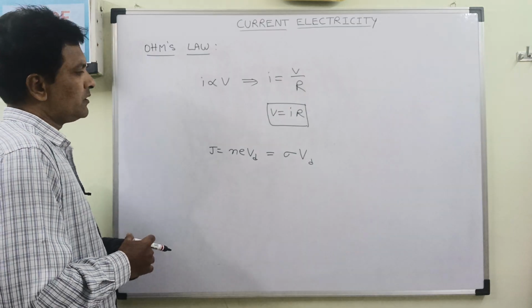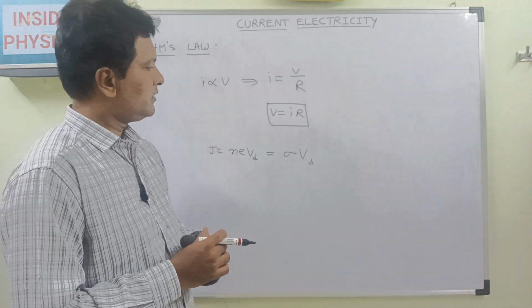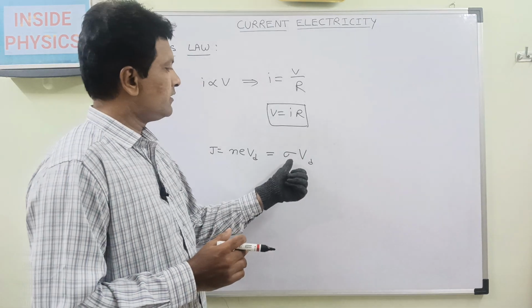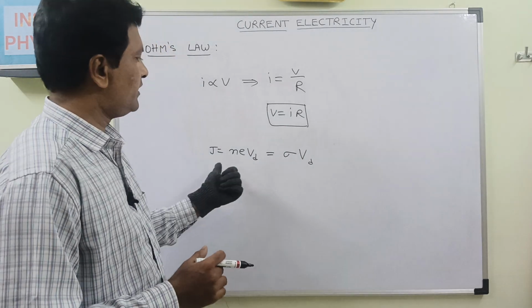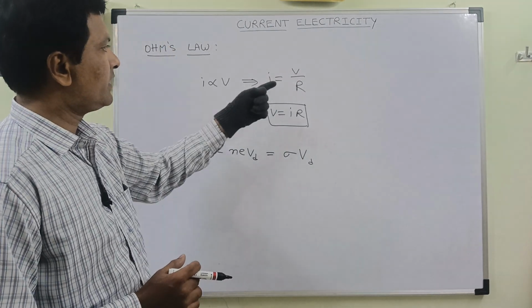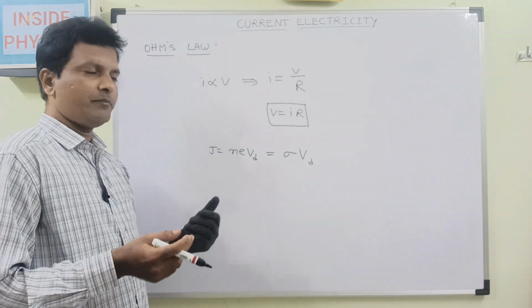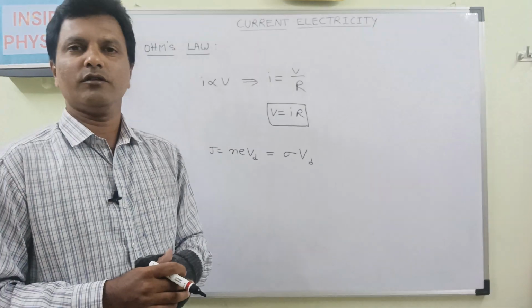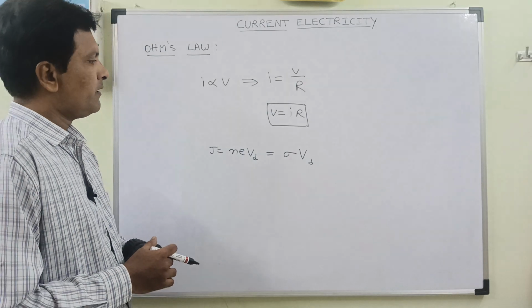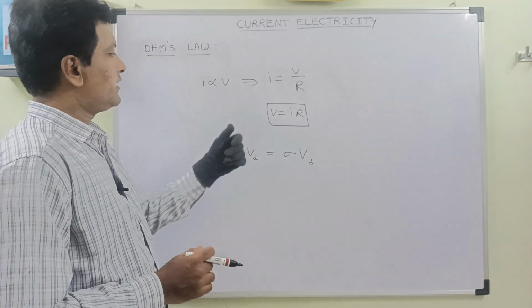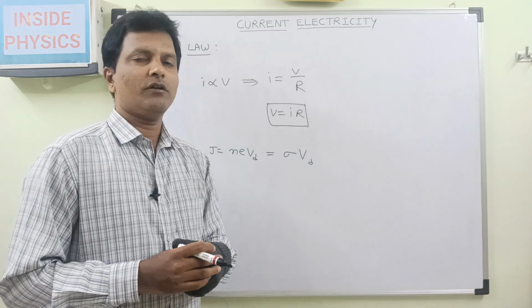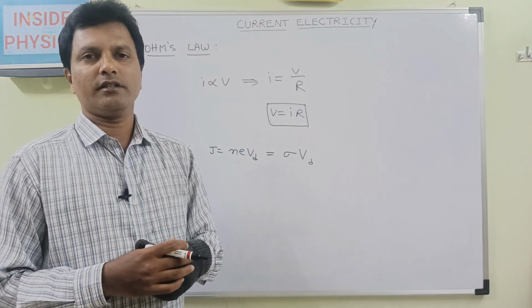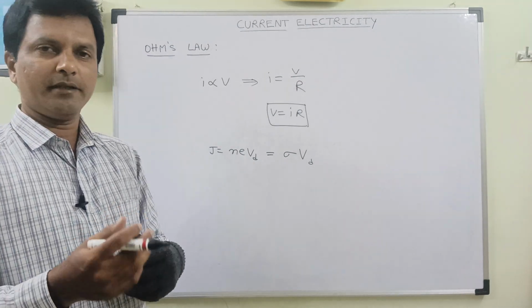Here, if the electrical conductivity is more, the electric current will be more. At the same time, the current density is also more. Okay. So electric current and current density are related terms with almost the same meaning.